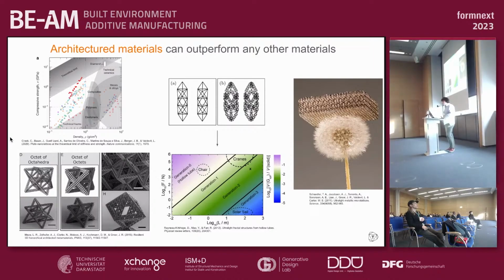The only problem is that most of these materials, when they are actually produced, which is only a fraction of the literature, let's say less than 5%, are produced in labs for academic purposes. This can take months, 6 months maybe, to make a sample. And of course, there's a big gap to be bridged between academia and industry. And as Nadja said before, I like when my research is actually applied in the real world.